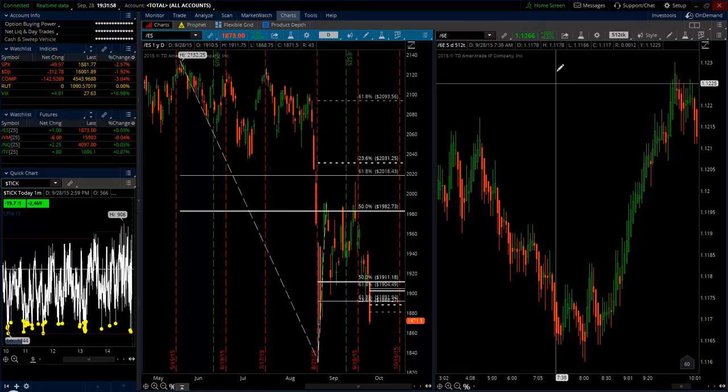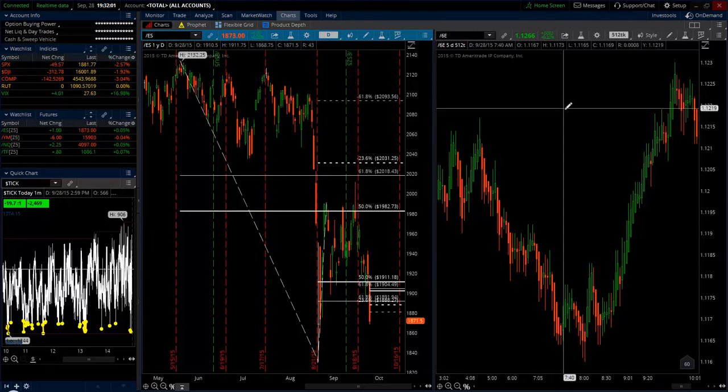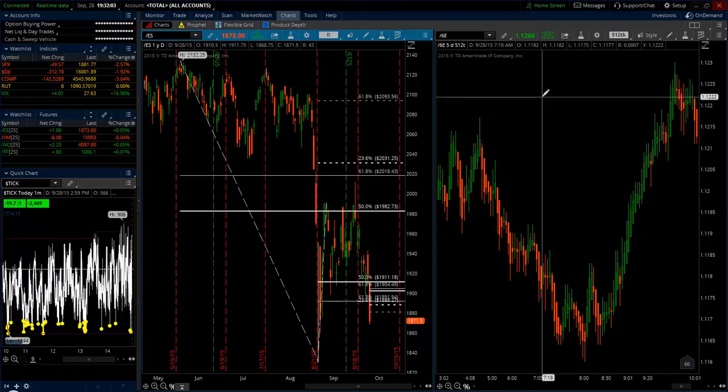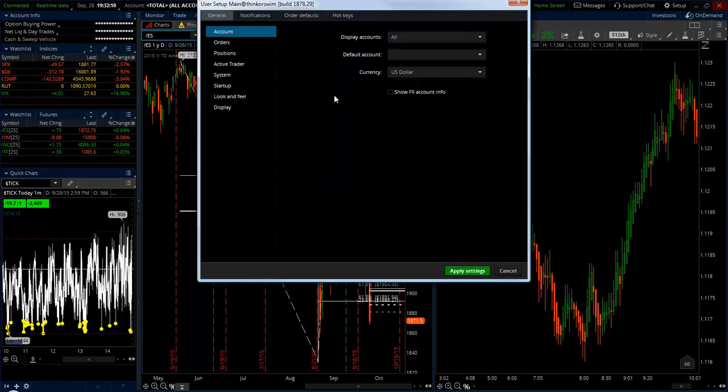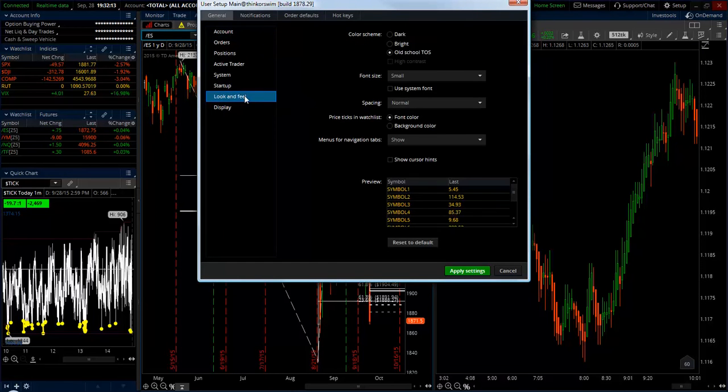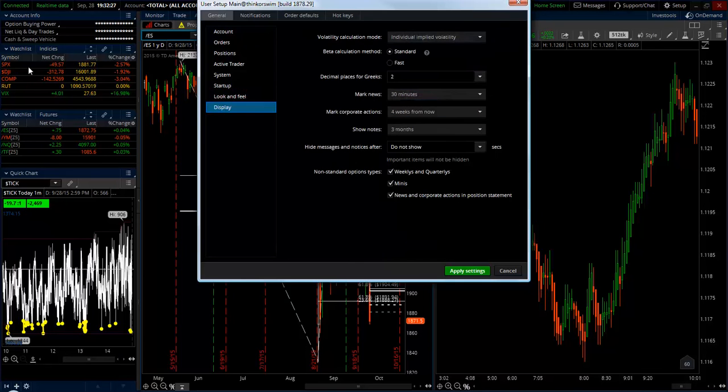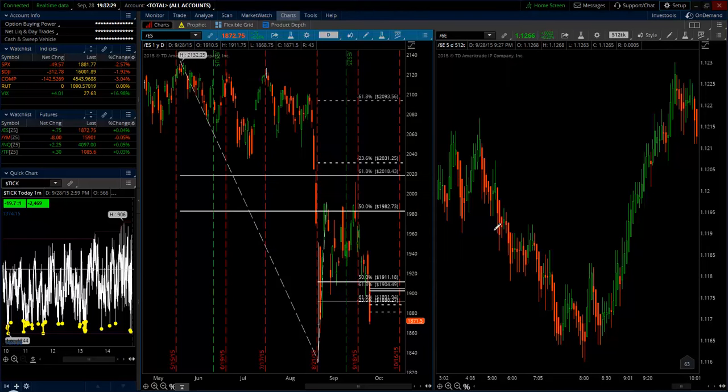If you want to revert back to some of the colors and elements that were in the previous version for so many years, you go up to Setup and then Application Settings, and then down to Look and Feel. I changed mine from dark to Old School Toss, and I changed the spacing from roomy to normal, and that gave me the look I have here, which is a little more like the old look and feel.